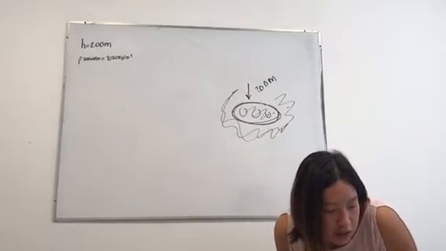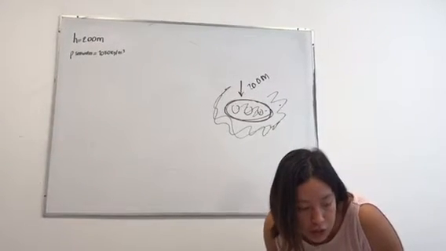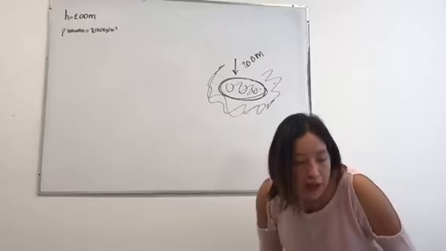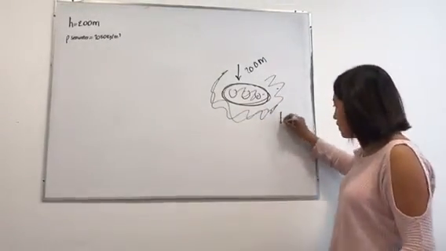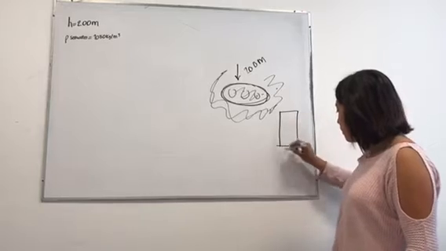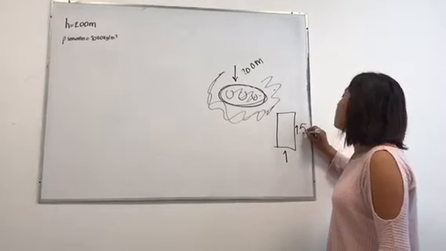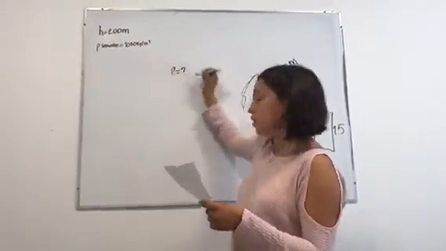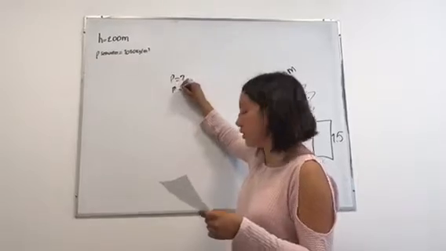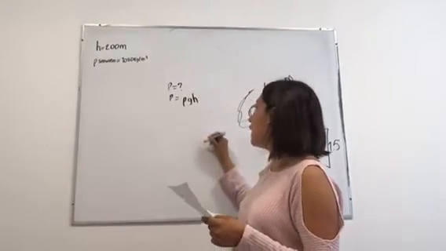Then they ask us what's the pressure and the total force applied to a hatch 1 meter wide and 1.5 long. So the hatch is this. So they ask us the pressure. The formula is pressure equal to density times gravity times height.